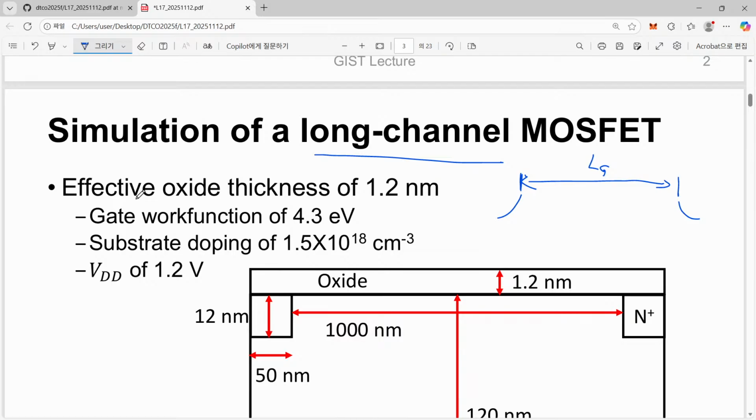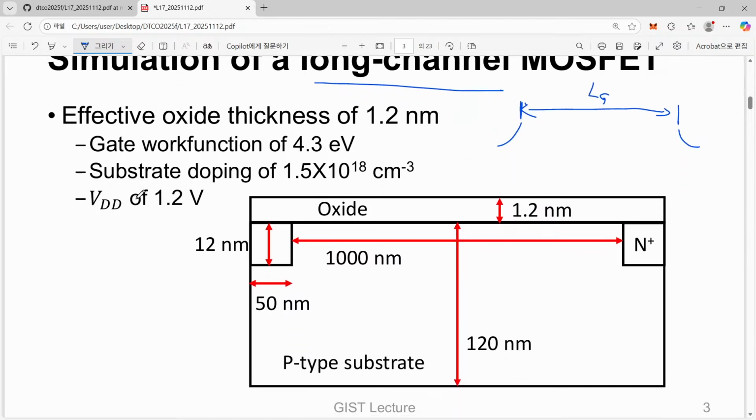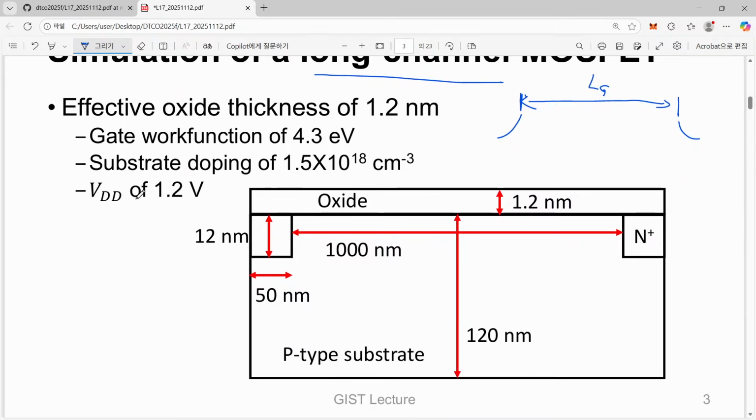Although our structure of interest is the FinFET, in this lecture I will show you a very primitive and simplified version of a long channel MOSFET. Please have a look at this one.